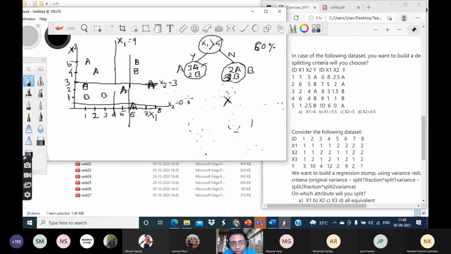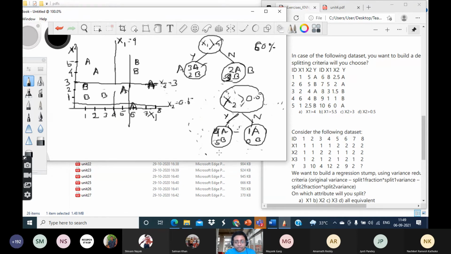So x2 greater than 0.5, yes and no. If it is no, then there is only 1 point, which is 1a, 0b. And on this side it is 4a and 5b.